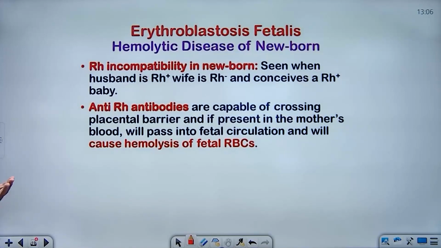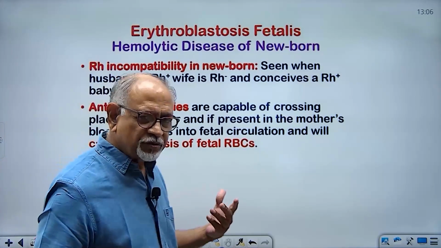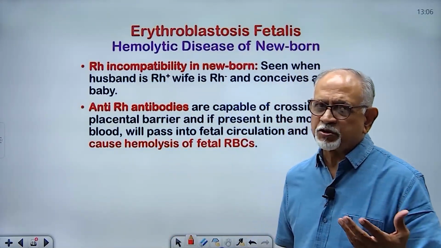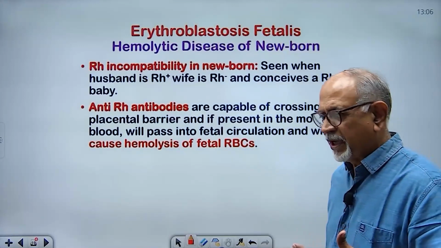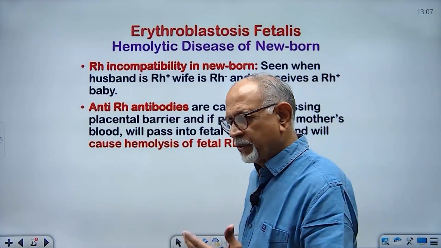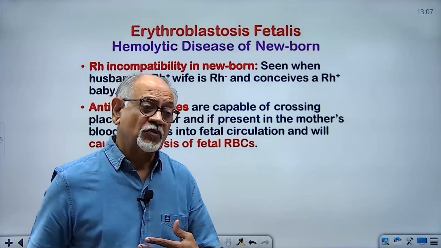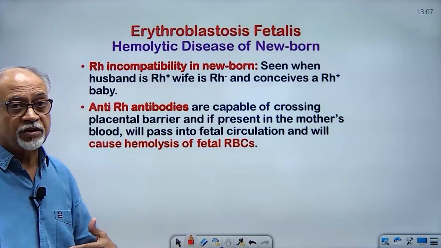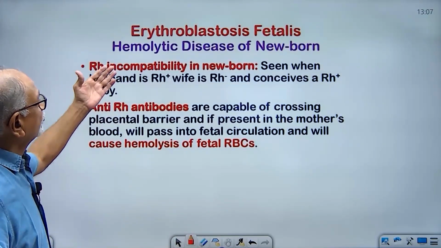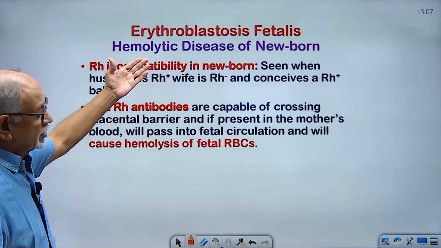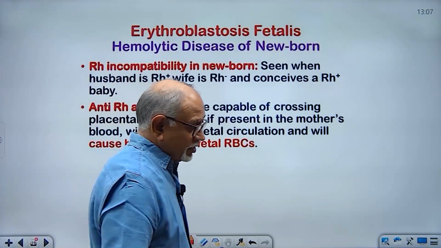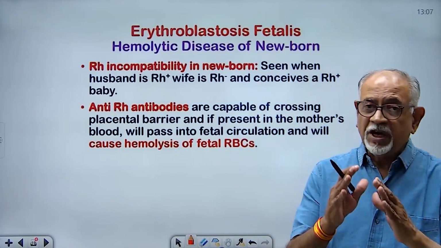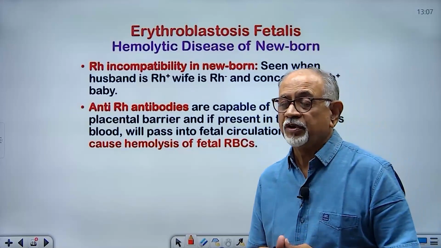Now, another important condition is the incompatibility of Rh between the mother and her child present in the uterus, so intrauterine life. It is called erythroblastosis fetalis. That means damage of blood cells, RBCs, in the fetus.